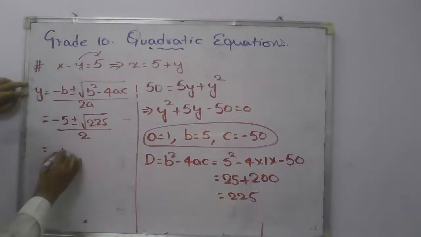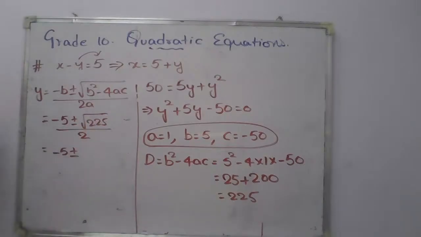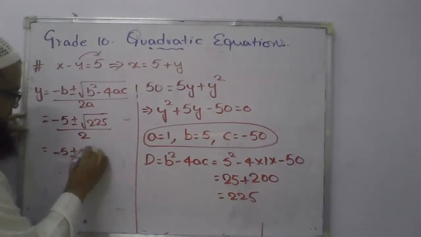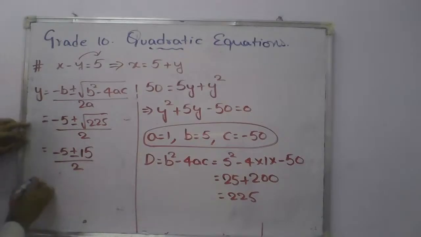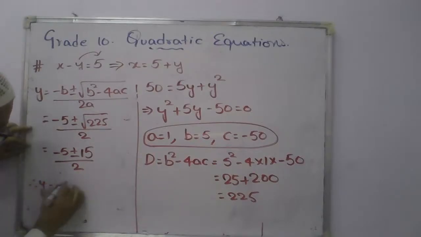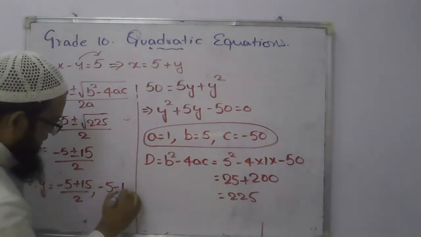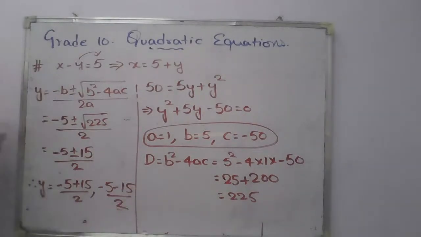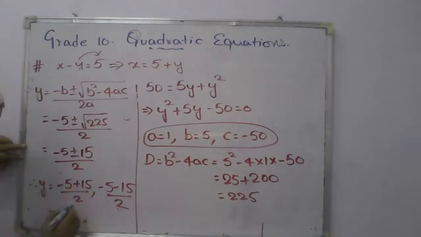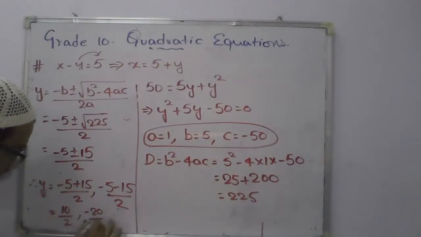So that is equal to minus 5 plus or minus square root of 225 is 15 divided by 2. So therefore y is equal to minus 5 plus 15 by 2, minus 5 minus 15 by 2. And what is minus 5 plus 15? 10 by 2. And here minus 20 by 2.